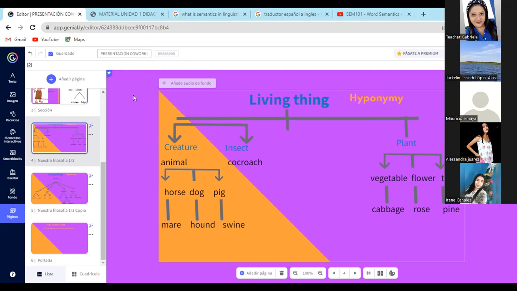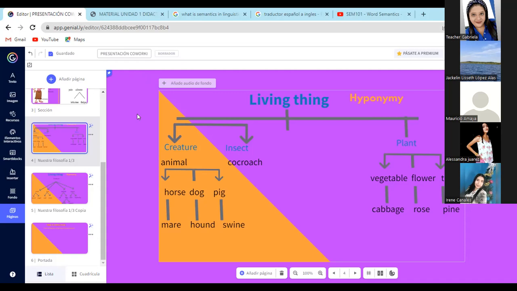Okay, tell me, Jackie. Can I provide my example? Yes, please do it. Okay, living things, then plant, then vegetable. In that part is carrots, tomatoes, and potatoes. Then flowers. In that part is jasmine and sunflower.